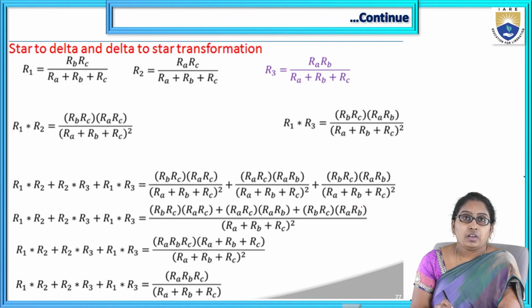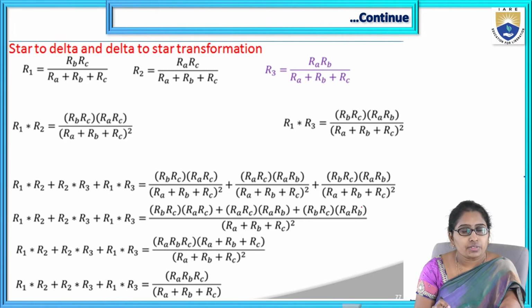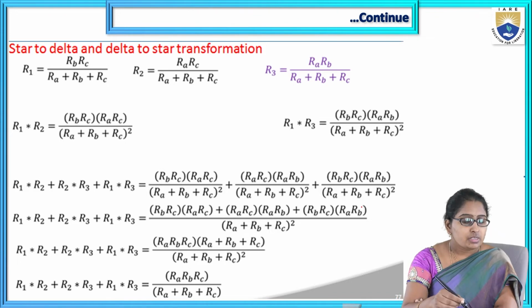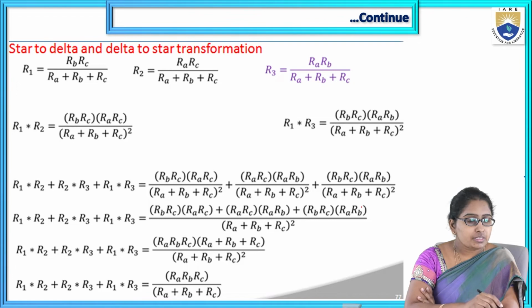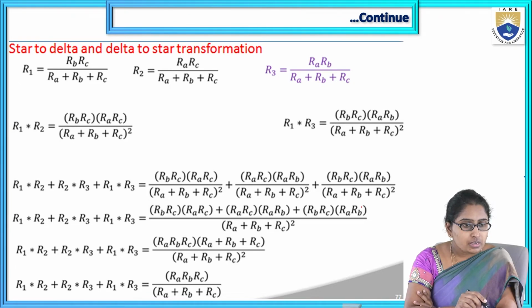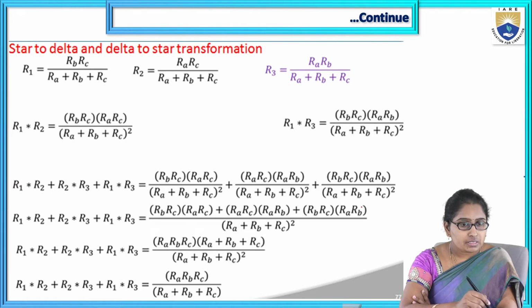Next, star to delta. That means if star elements are given, how do we get the equivalent delta elements? Here, consider the equations of R1, R2, R3, that is, the equations of star network elements in terms of delta network elements.